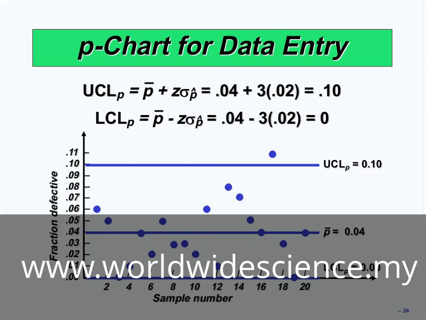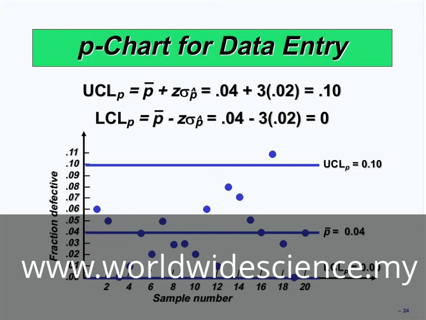It's not under control because one of the spots, sample number 16, has fallen outside. It's more than 0.1. It's more than UCL. So the process is not under control.